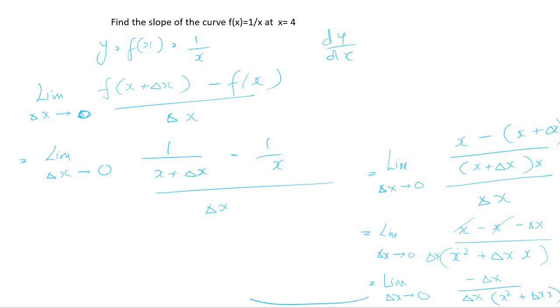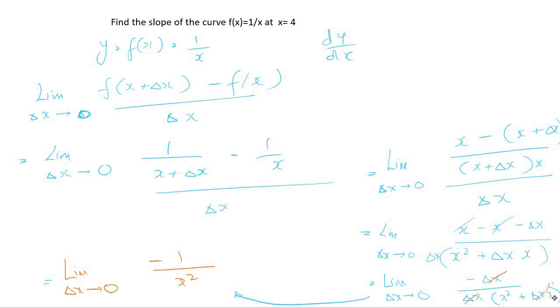So we can cancel out these two values. So when we take the limit as delta x tends to 0, we get minus 1 over, as delta x tends to 0, this tends to 0, so we get minus 1 over x squared.